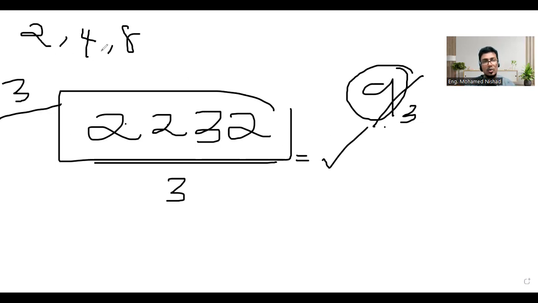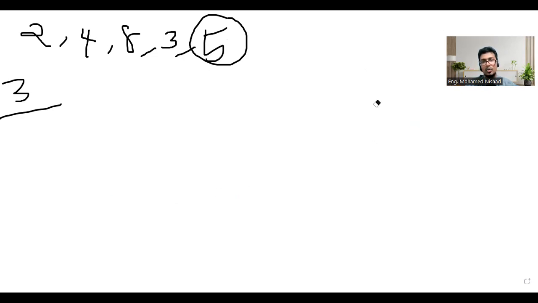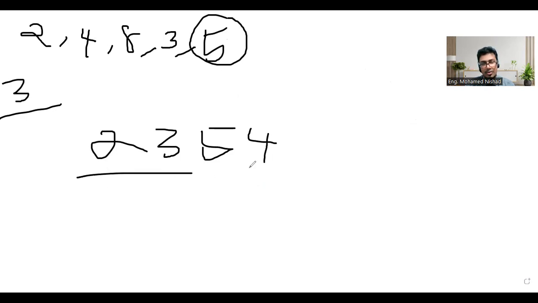So we saw 2 okay, 4 okay, 8 okay, and 3 also okay. Now we are going to check whether a number is divisible by 5 or not.